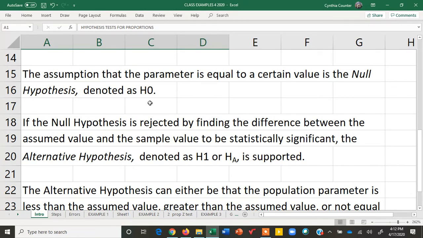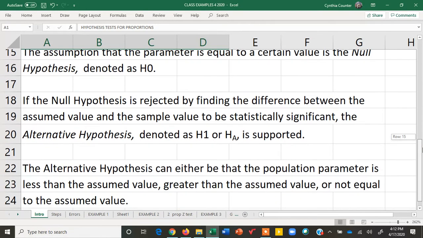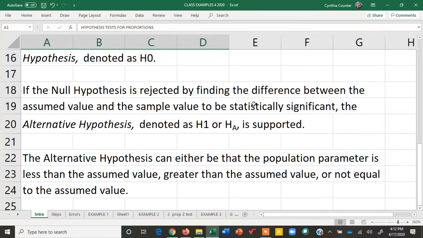And so this is always a statement of equality. This is the assumption under which we do the test. And if the null hypothesis is rejected by finding a difference between the assumed value and the sample value to be statistically significant, the alternative hypothesis is supported, right?